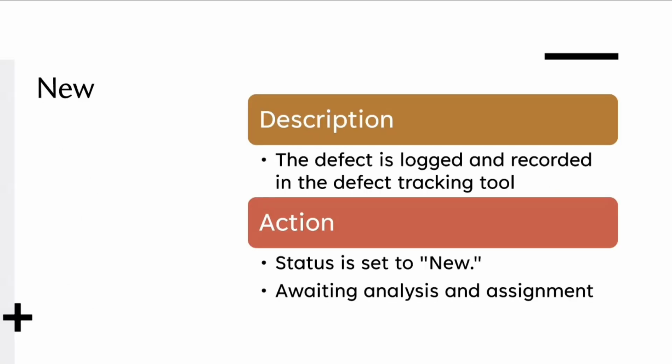First is new. Suppose a tester identifies a defect and logs it in a defect tracking tool like JIRA, Azure or GitHub. Then the defect status is new. From this status we know the defect is identified and reported.